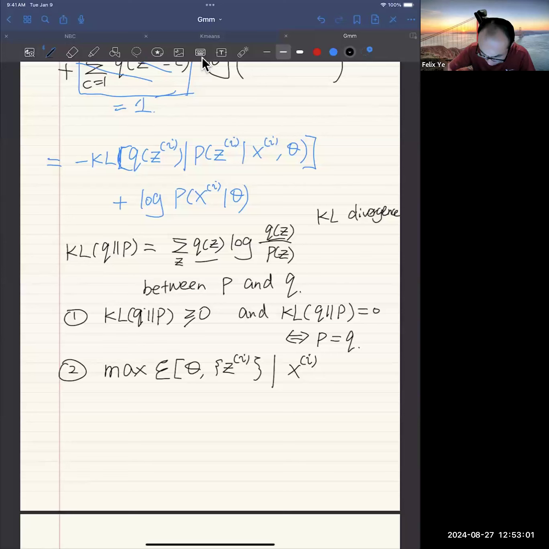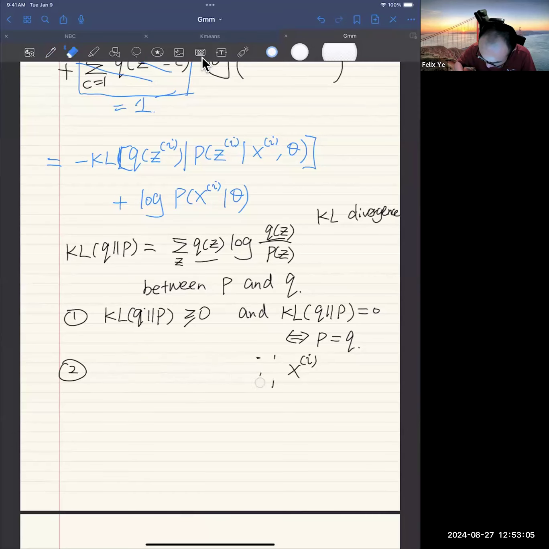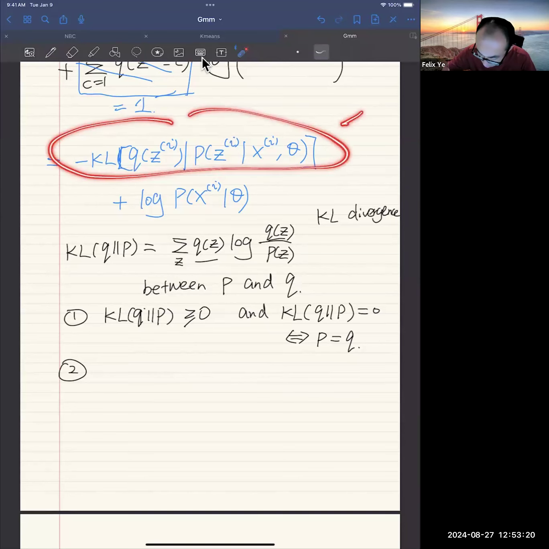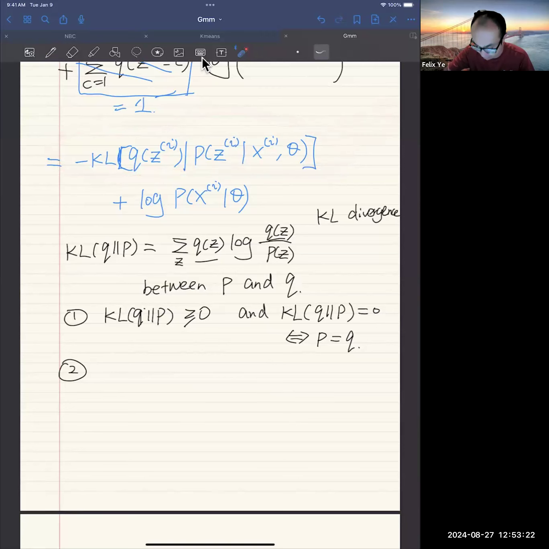Okay, so let me just erase this part. If you look at the first component, we know KL divergence is always bigger or equal than 0, so this first component is always smaller or equal than 0.